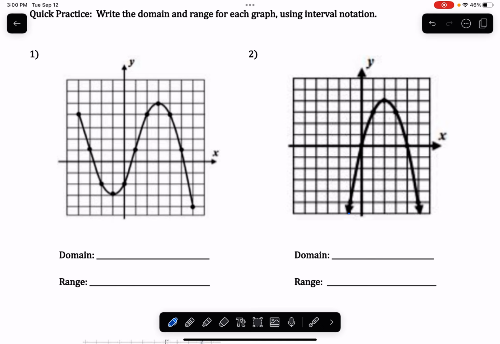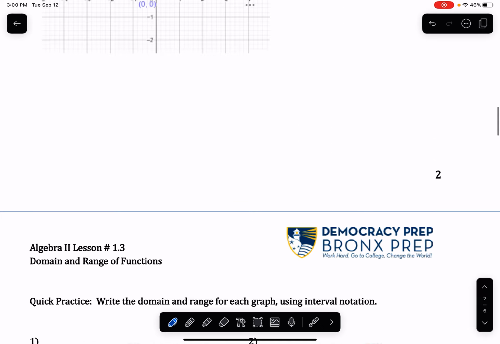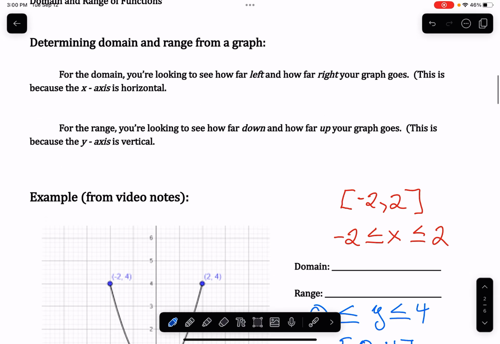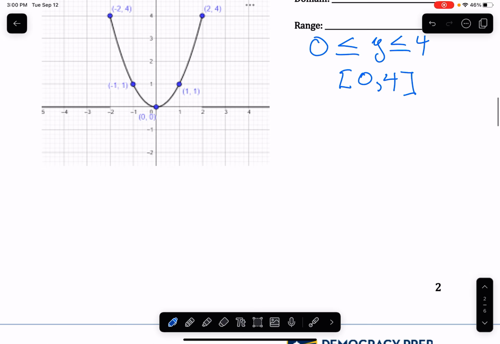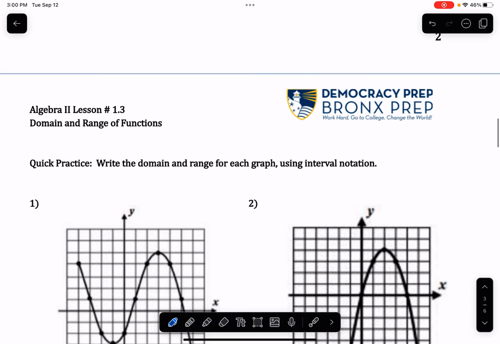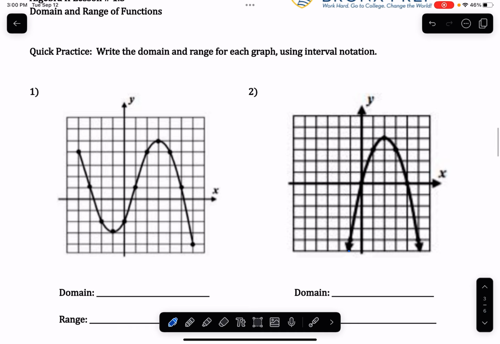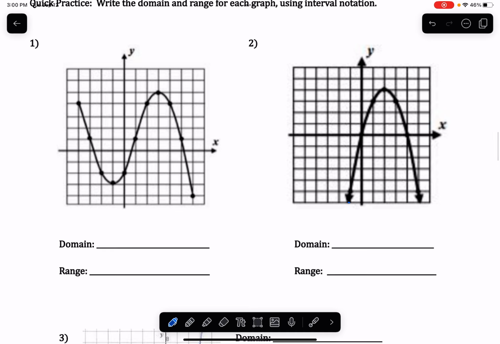So for this particular function, actually I want to use a different one. Let's use that one. Why not? Because I feel like we're going to have a lot of questions on this. So our domain for this, if I'm using interval notation, this graph, even though it's hard to tell, is going infinitely to the left and to the right.